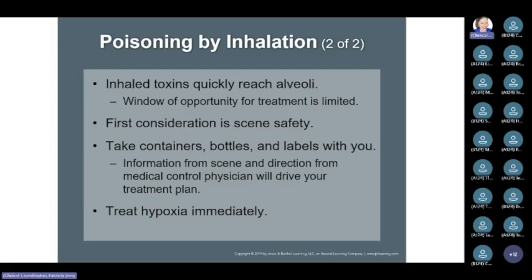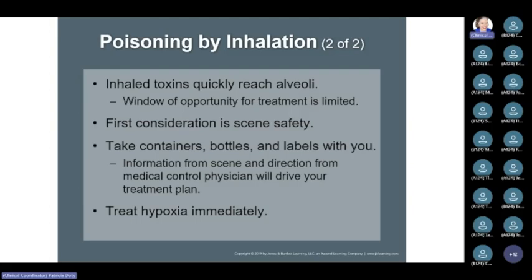So when you're dealing with this, obviously, Lindsay even put it in the chat, scene safety is a big thing, okay? You have specialty personnel that you're going to have to call to help remove that toxin from the environment and at least get the patients out of there. Sometimes you have to decontaminate your patients as well, if you think about it.